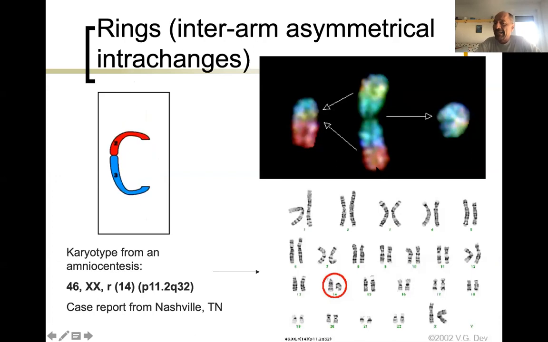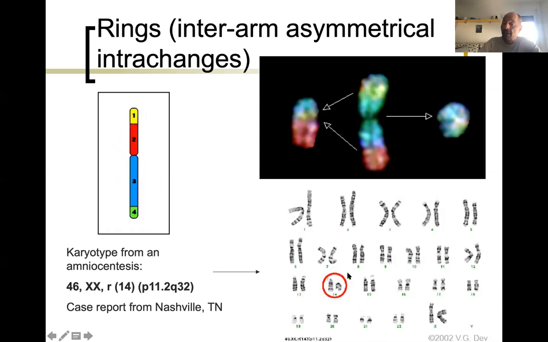You see, this is an mFISH image, very nice, because you see, this is chromosome number 3, I believe. And is broken here and here. These two broken pieces rejoin together to form this acentric fragment. And then this piece rejoins with this piece to form a ring.